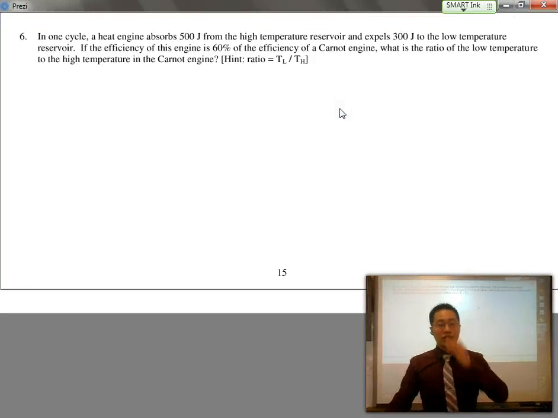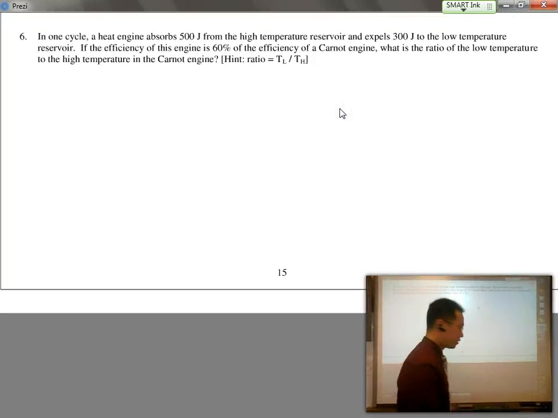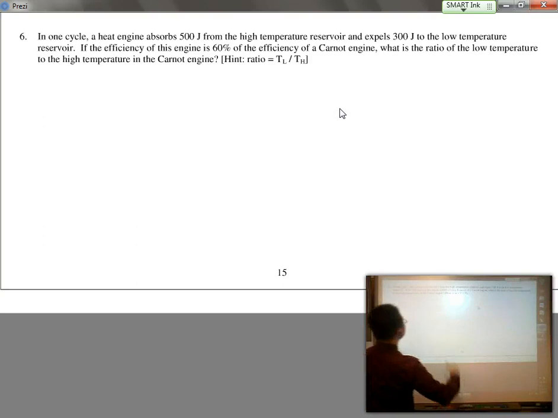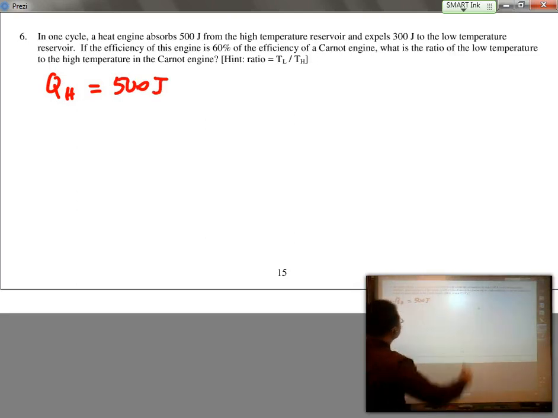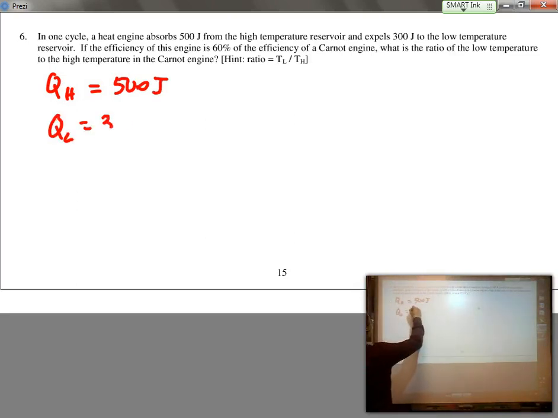In one cycle, a heat engine absorbs 500 joules from the high temperature reservoir. So, QH is equal to 500 joules. QC is equal to 300 joules. They say the efficiency of this engine is equal to 60% of the efficiency of a Carnot engine.